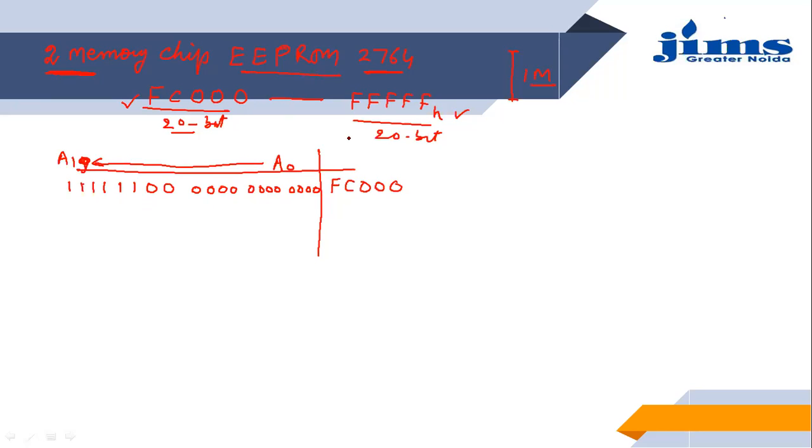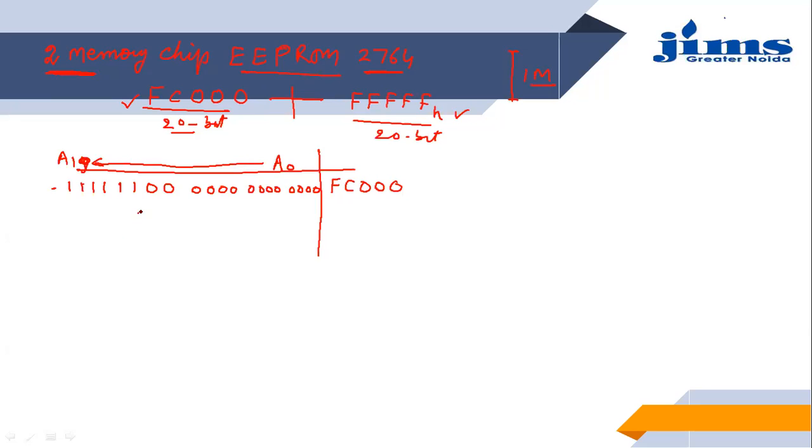Now with both the ICs connected starting from this location, we go till the end of the last location of the first IC, and then start with the next location and go till the last location.